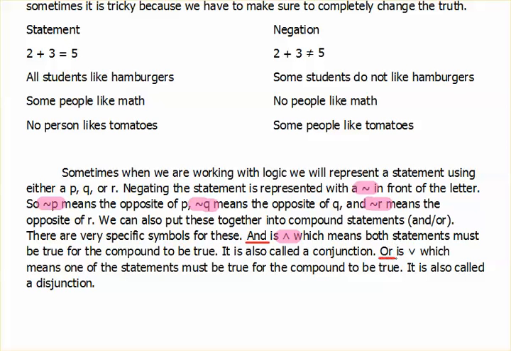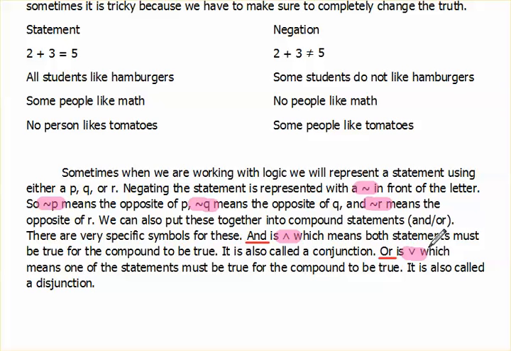Okay, we also have an or situation, and that is denoted with this little V shape. It's like a downward pointing caret. That means or. In an or situation, only one of them has to be true in order for the whole thing to be true. So for instance, if I said when I get off work tonight, I'm going to go to the grocery store or I'm going to go to my parents', well, if I happen to do both of them, I didn't lie to you.